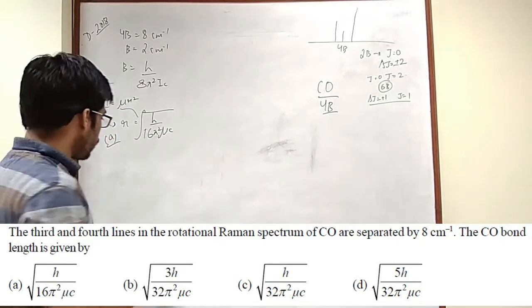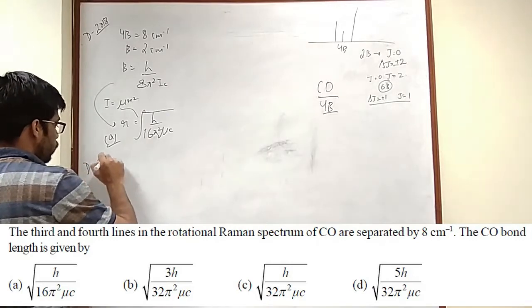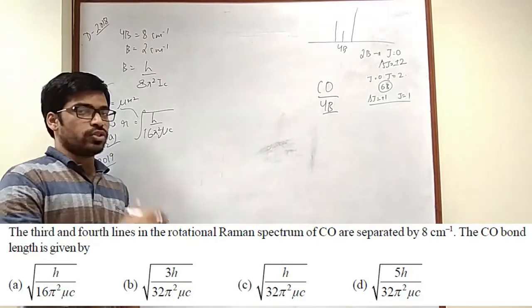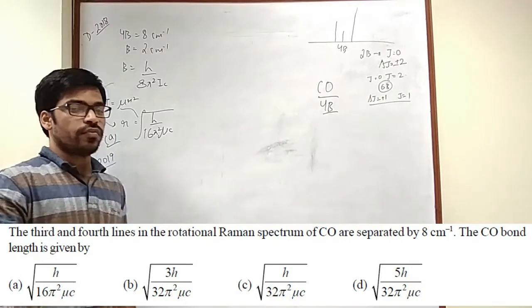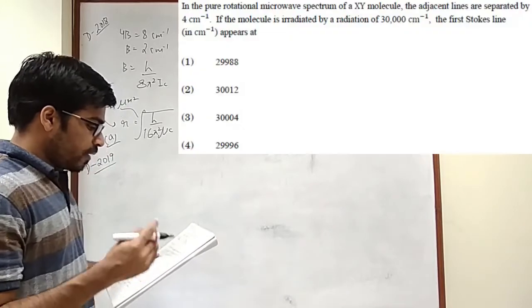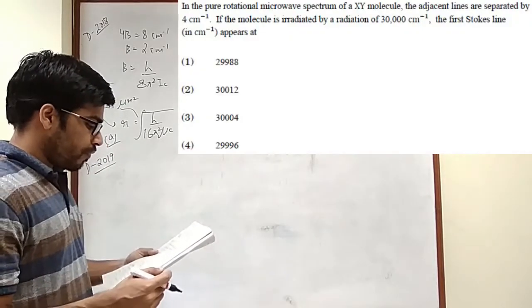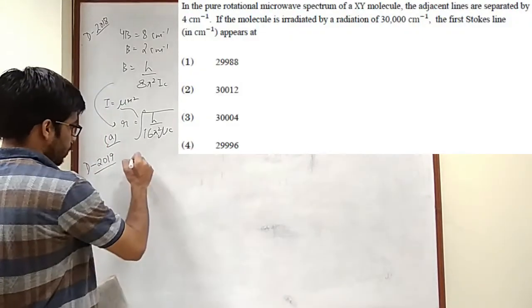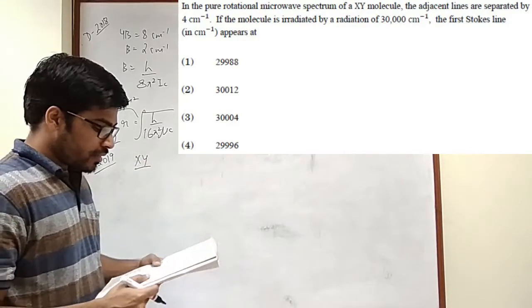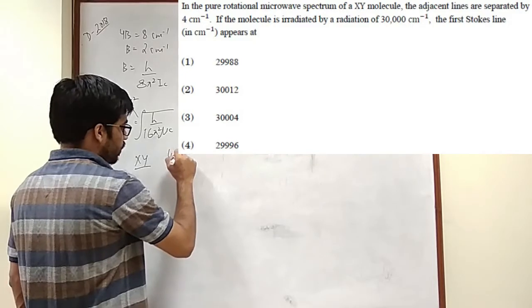The next question we have is from December 2019. You can understand how important rotation Raman spectra is by the frequency of questions that have come in the last few years. The question says, in the pure rotational microwave spectrum of an XY molecule, that means diatomic, the adjacent lines are separated by 4 centimeter inverse.